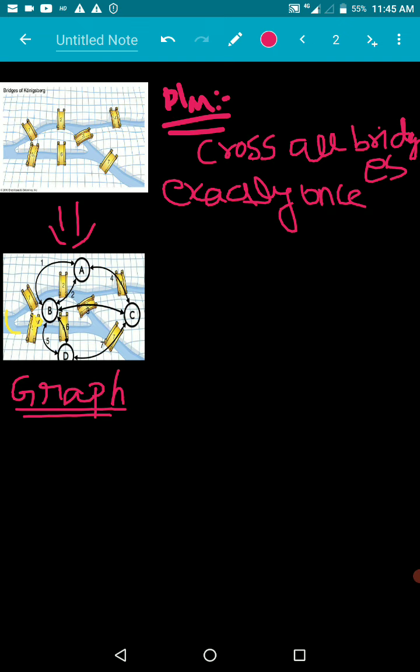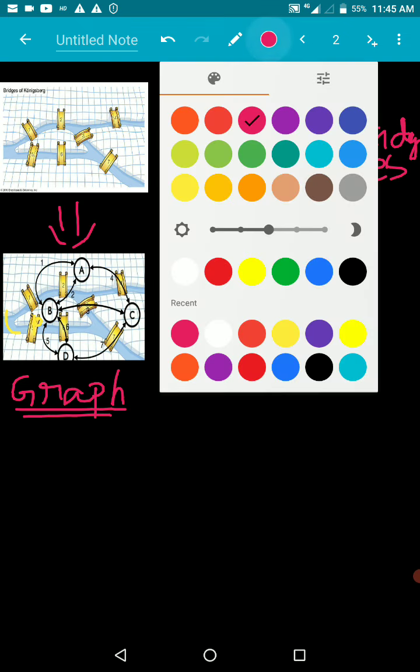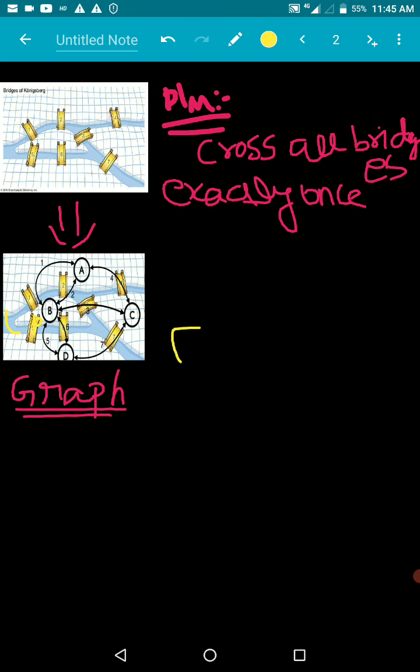Therefore, we check whether the given graph is Eulerian or not. Then we can choose one of the beautiful properties for checking it.